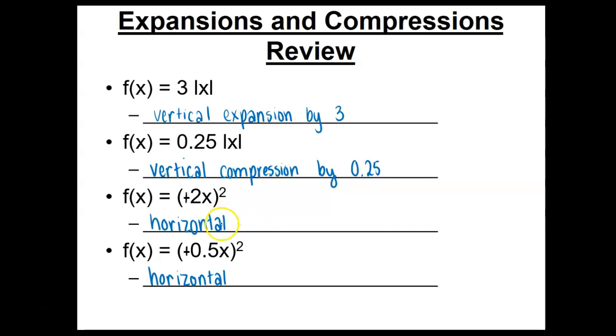Alright, and horizontal, everything on the inside of the parentheses is backwards. So if I have a big number like 2, it gives me a compression.